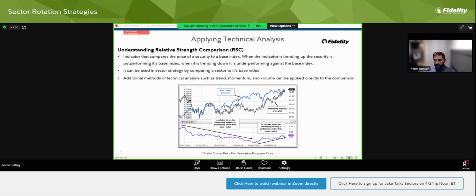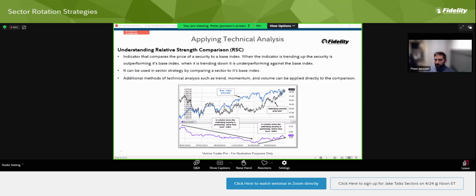No, not at all. In this case, with this little snapshot, they're both, for lack of a better term, kind of making higher highs, higher lows. But what the relative strength comparison will do for you is say, you know what, on a relative basis, what you are plotting is either doing better or potentially doing worse than what it is that you are comparing it to.